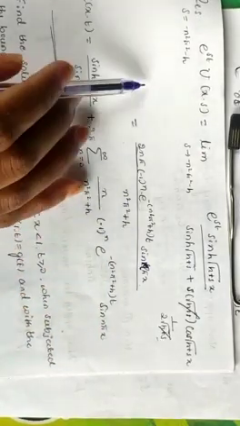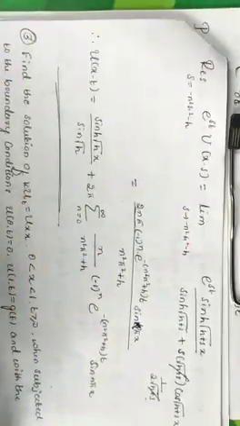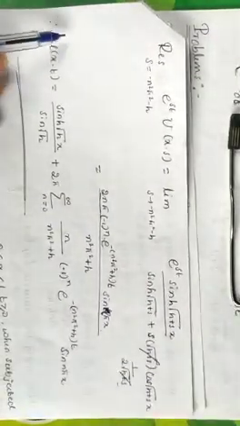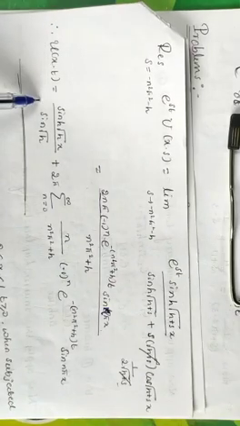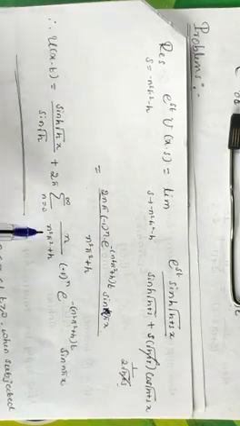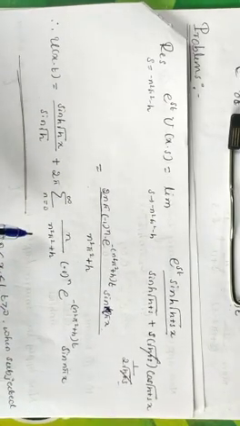Okay, now we substitute these two residues in the solution. Then we get the required solution: u of x comma t equals the residue of the simple pole plus the residue of the infinite poles.